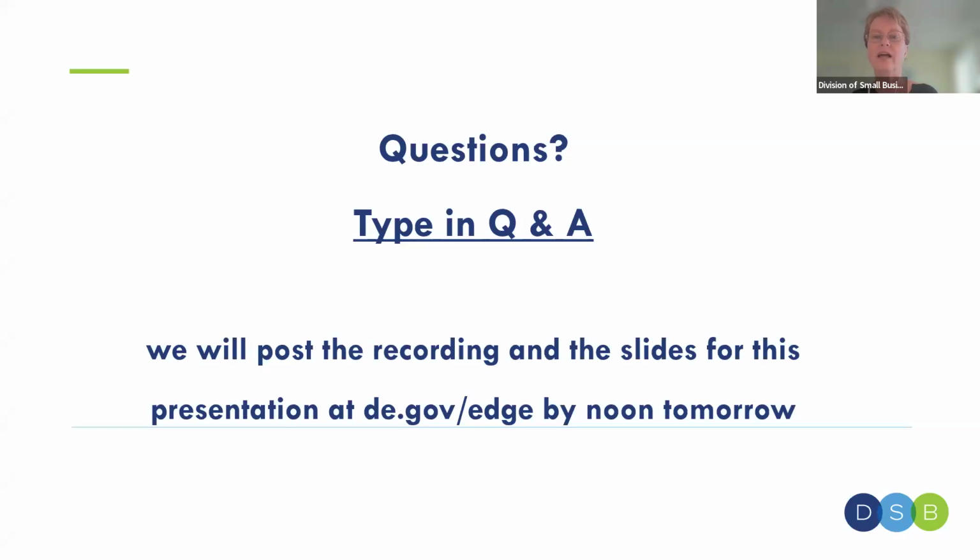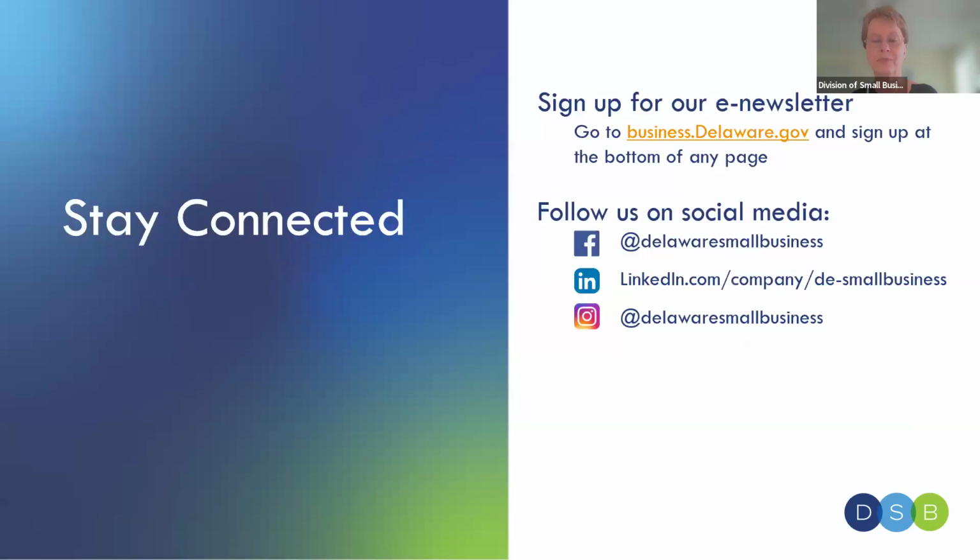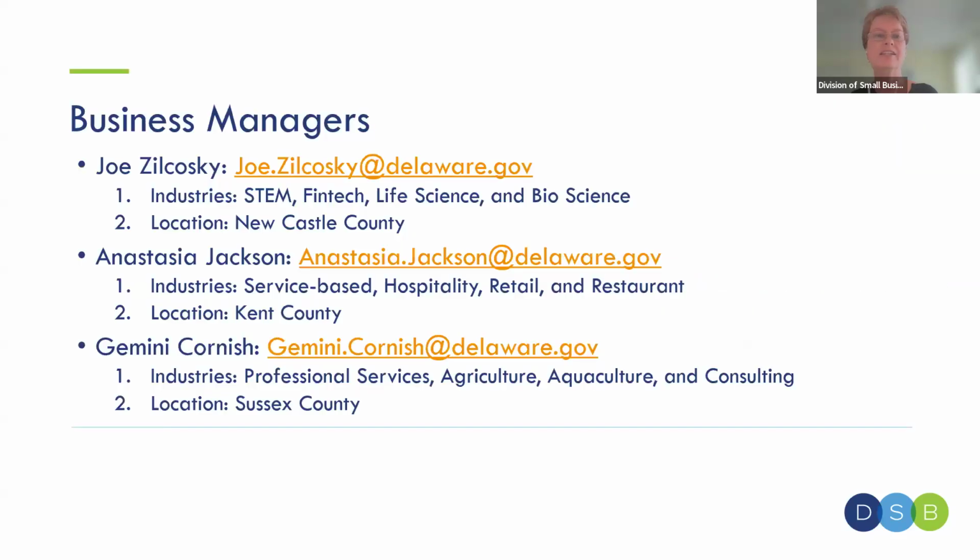And one thing I just want to bring up, aside from please connect with us, is here are the list of the business managers. The first thing we want you to do is look at the industry that you fall within and go to the business manager that is assigned that industry.